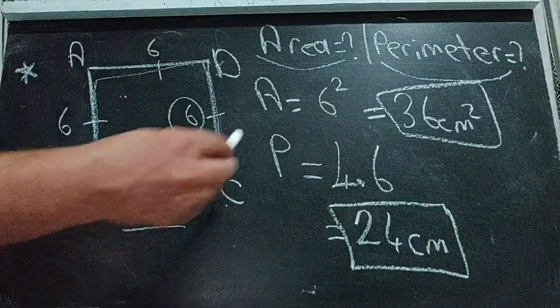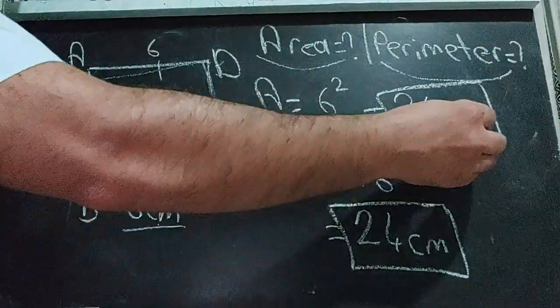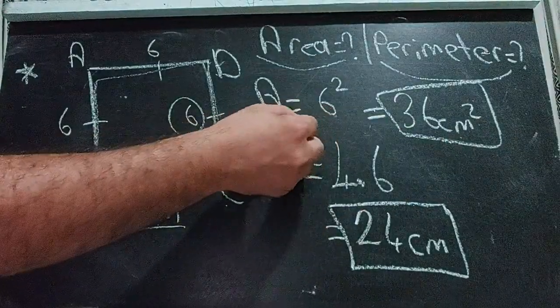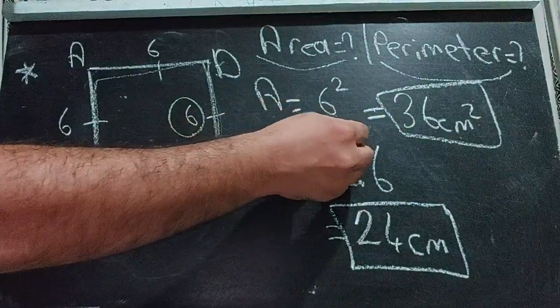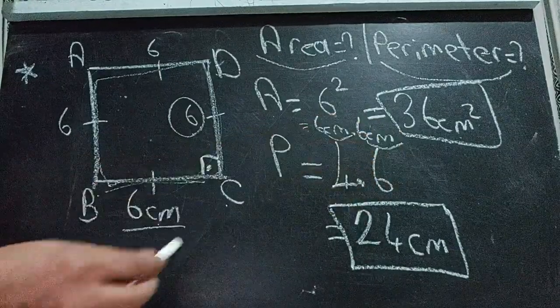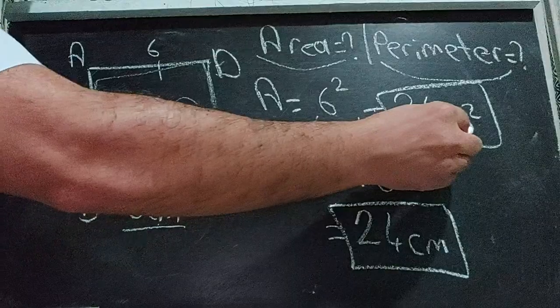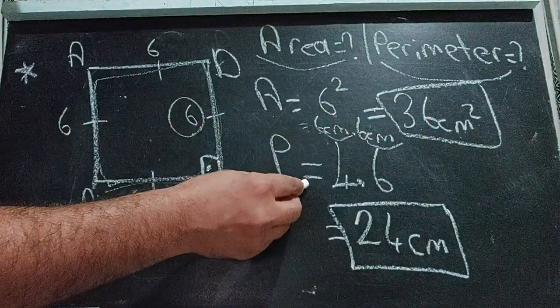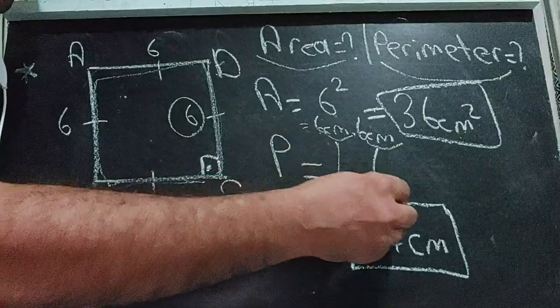Right, so for area we use centimeter square, the square of unit. Why? Because from there it is 6 centimeter times 6 centimeter. You multiply units to each other too. Centimeter times centimeter will be centimeter square. 6 times 6, 36. But for perimeter we have 4 times 6 centimeter.